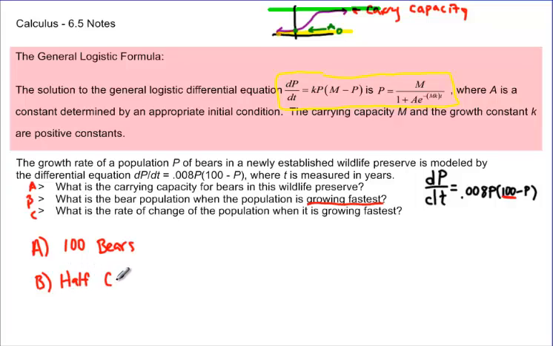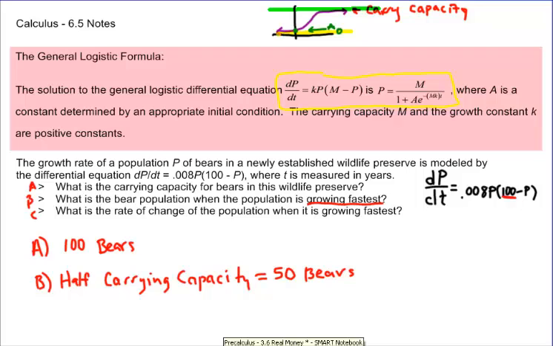So it's half the carrying capacity. And half of the carrying capacity of this particular question is going to be 50 bears. Okay.